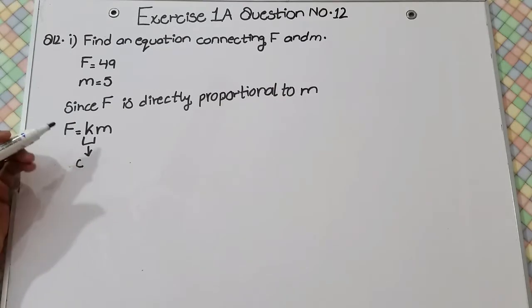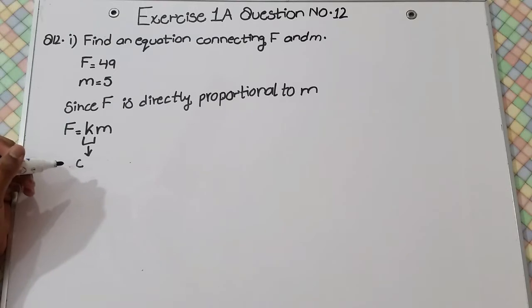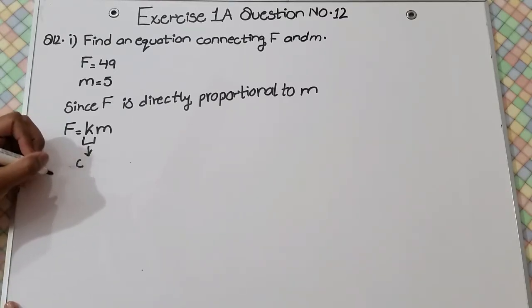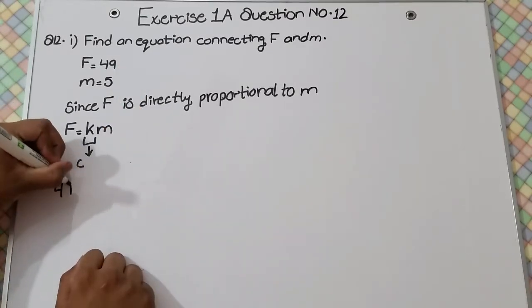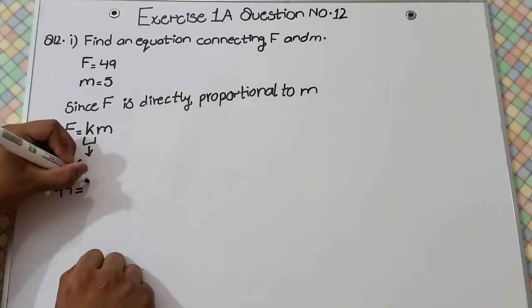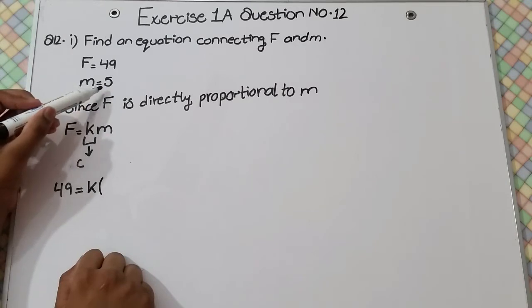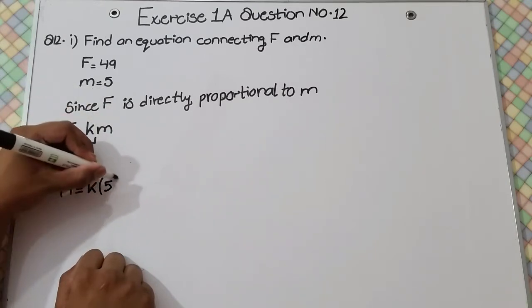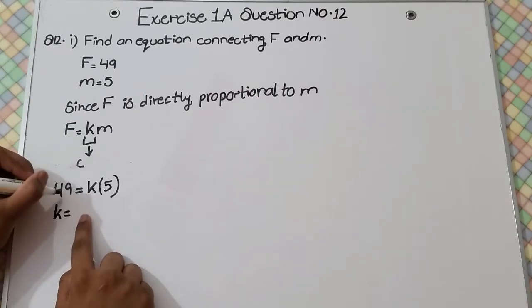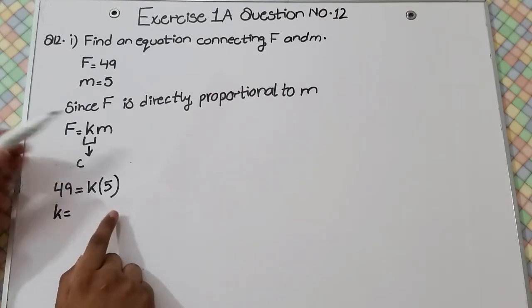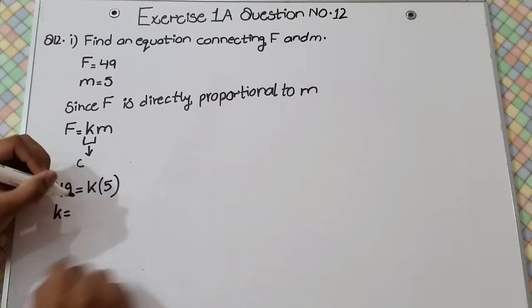Now we are going to fill in the values to find the value of K. That will be our main equation. What's the value of F? The value of F is 49. Then we need to find K, so it will be as it is. And now the value of m is 5. So 49 was multiplying over here and then we shifted it over there, so it will be divided.